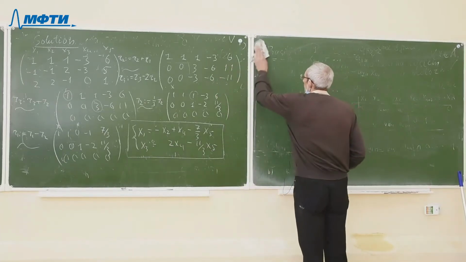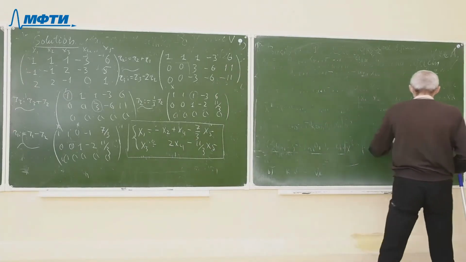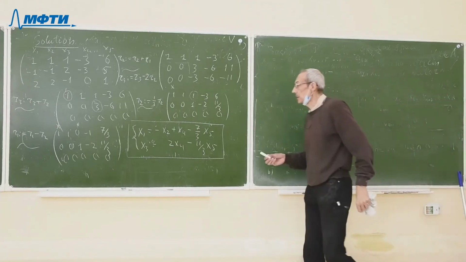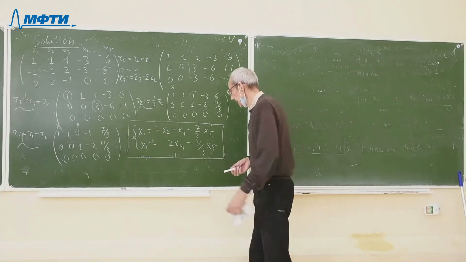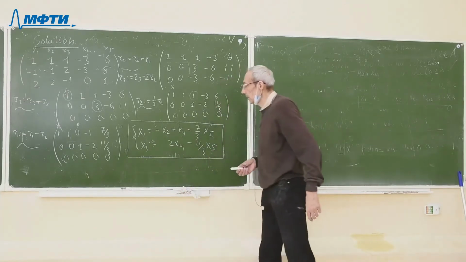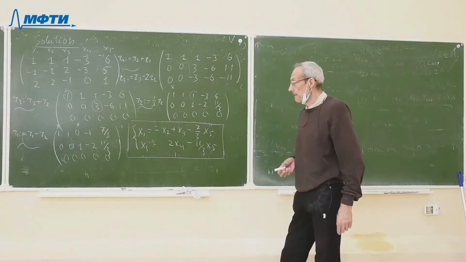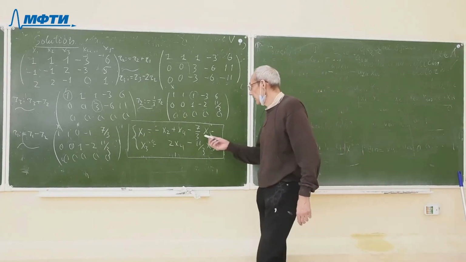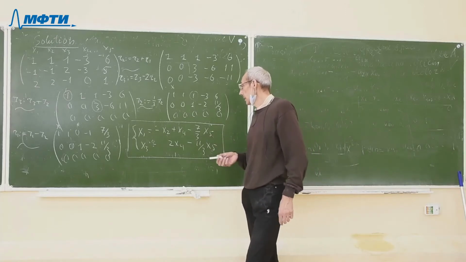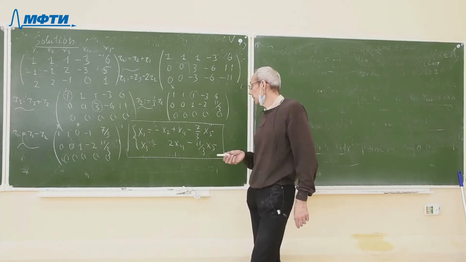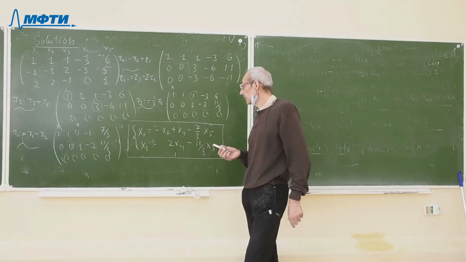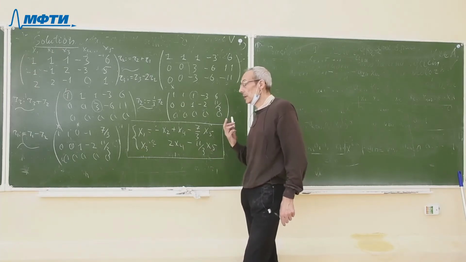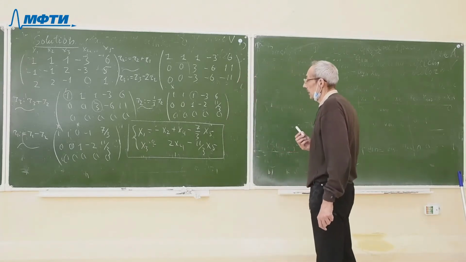And my aim is to present this general solution as a linear combination of the basis solutions. From the algorithm given in today's lecture, the number of basis solutions equals the number of independent variables, and we have three basis elements.